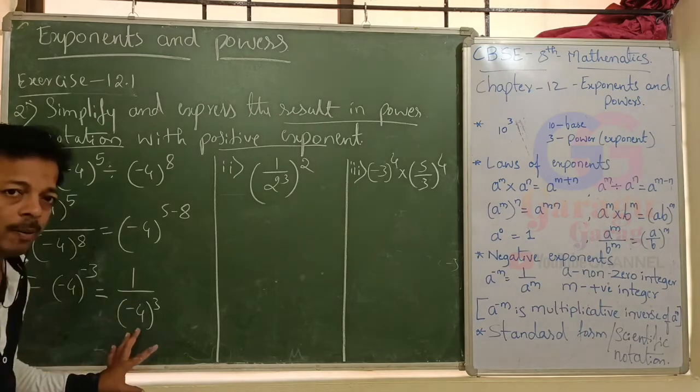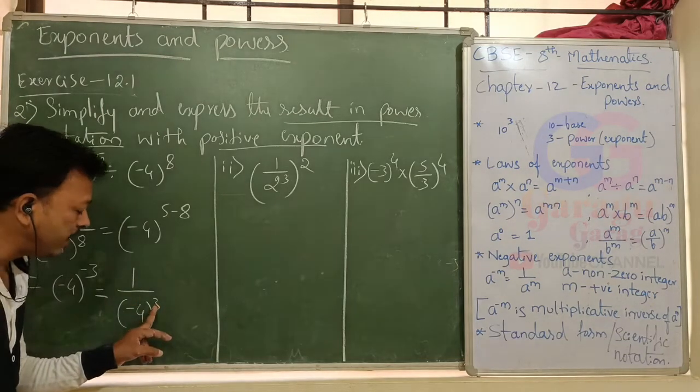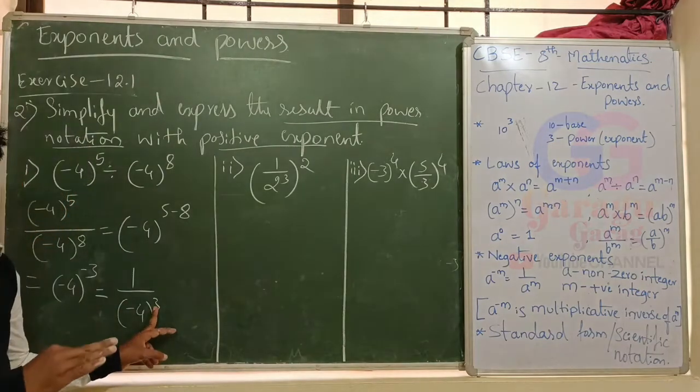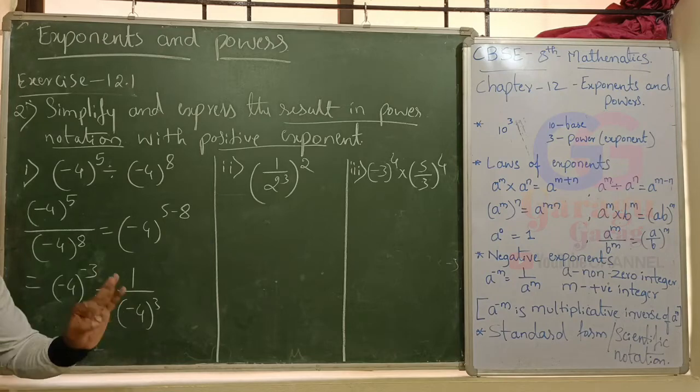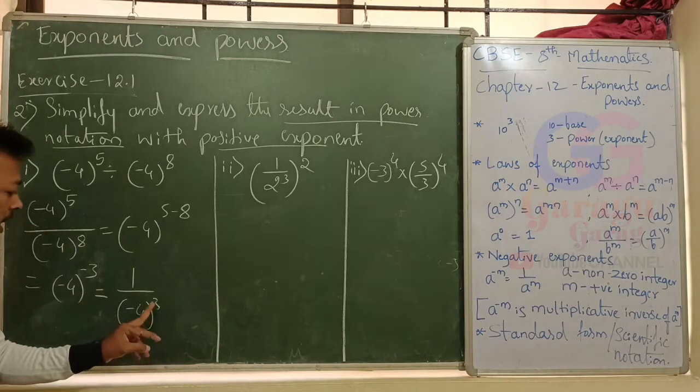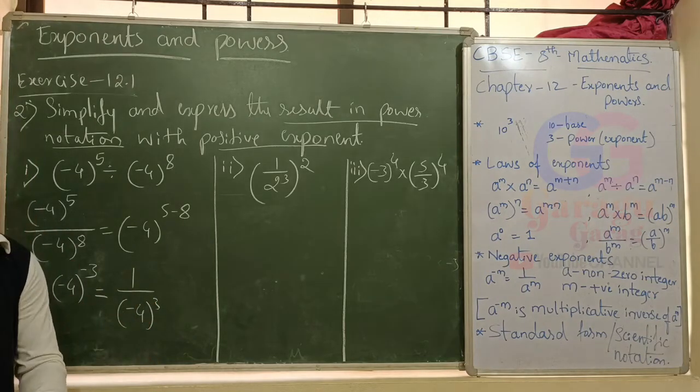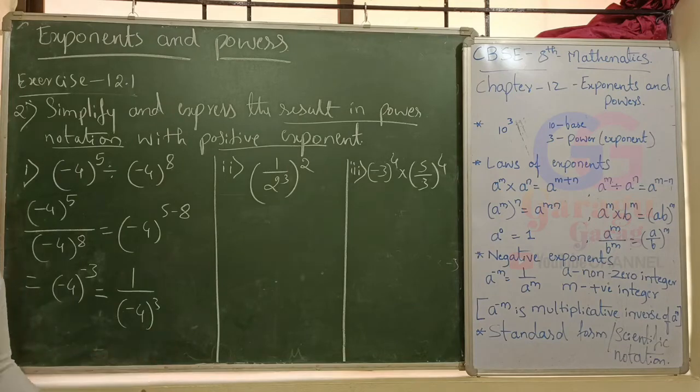This is exponent form and the exponent is positive. They did not say the base should be positive, only that the exponent should be positive. In that form you have to keep it. This is the final answer.